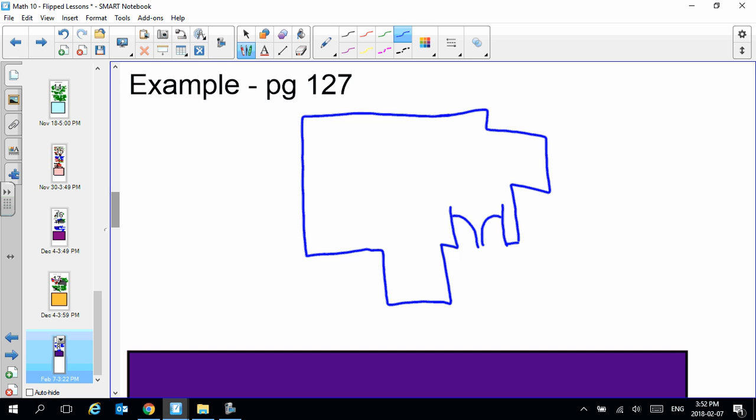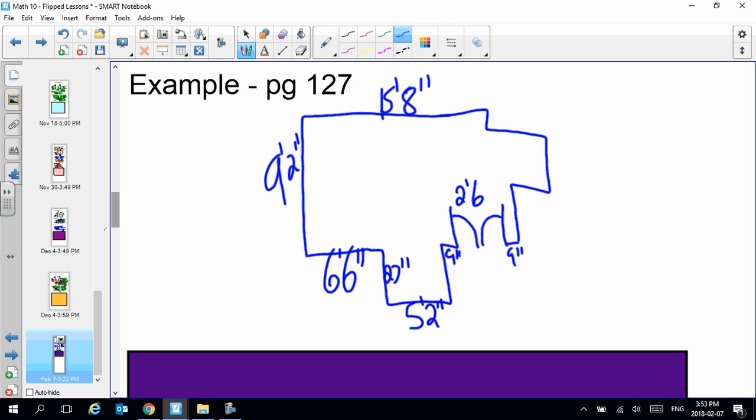So we have a shape that looks something like that. This one is 15 feet 8 inches. This one is 9 feet 2 inches. We have 6 over here. 27 inches, 5 foot 2 inches. We have 9 inches right here, 9 inches right here, 2 foot 6 inches. And we have 24 inches right there.